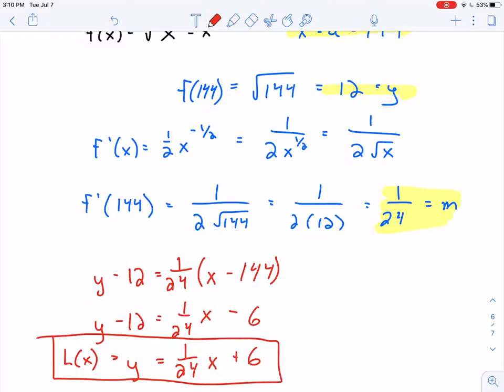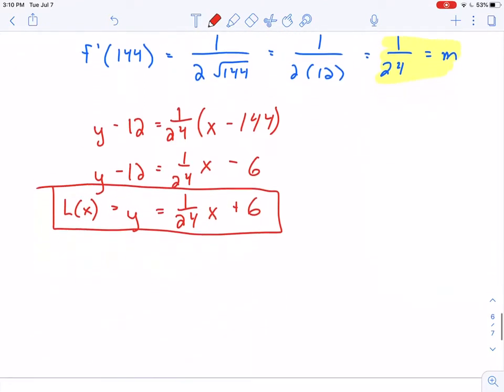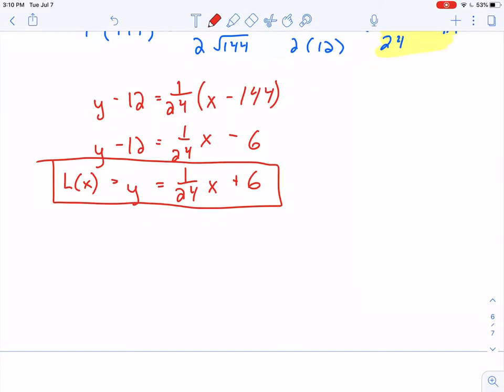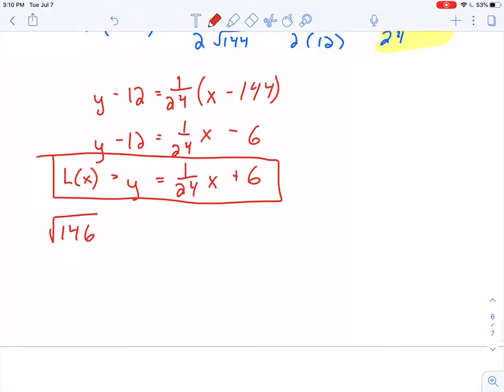The last thing I need to do now is actually use it. Square root of 146, remember that's what we were trying to estimate, is going to be approximately equal to L of 146. So this is 1 over 24 times 146 plus 6. Let's see if this works out nicely. It probably won't.